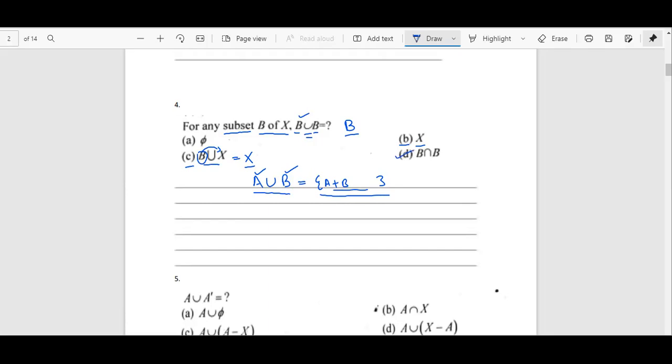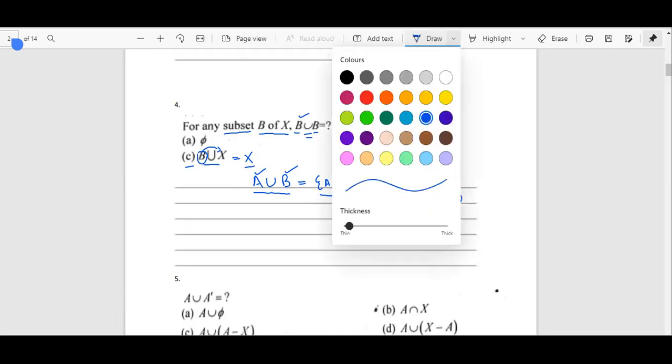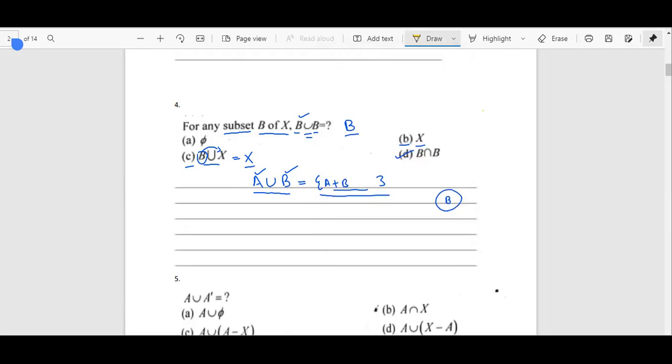Okay, now let's talk about B intersection B. Now let's say if this is the set B, and I'm talking about the intersection of it with B, right? Here's the set B, which I have drawn with blue color. And now if I talk about its intersection with itself, with the set B, obviously I am going to get the whole set back, okay?